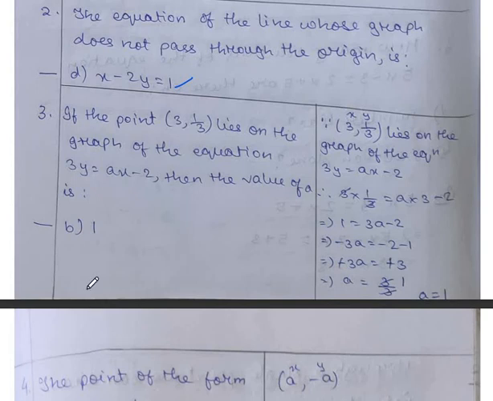Third MCQ. If the point 3, 1 by 3 lies on the graph of the equation 3y equal to ax minus 2, then a is how much? This is your x, this is your y. Since the point lies on the graph, in place of x and y you can put 3 and 1 by 3.